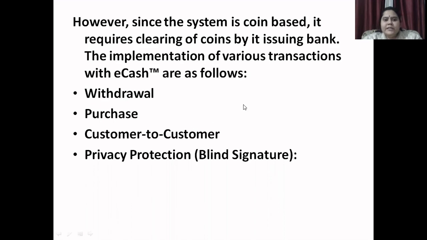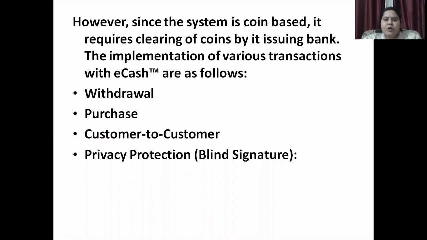There is no distinction between customers and merchants with regards to payment. Both sides can give and receive payments. However, since the system is coin based, it requires clearing of coins by its issuing bank.